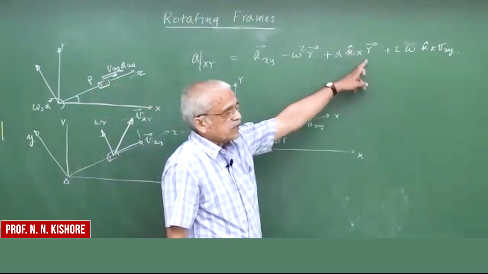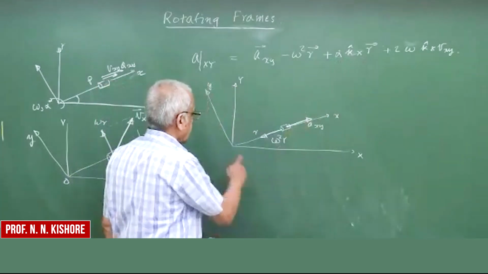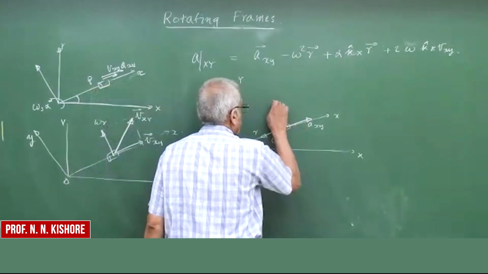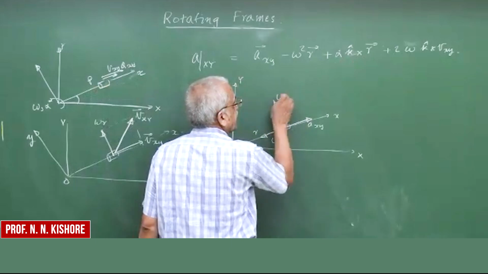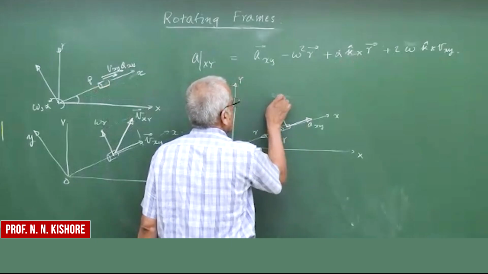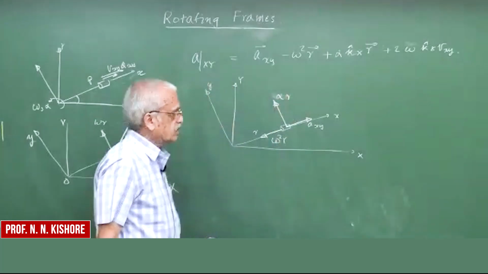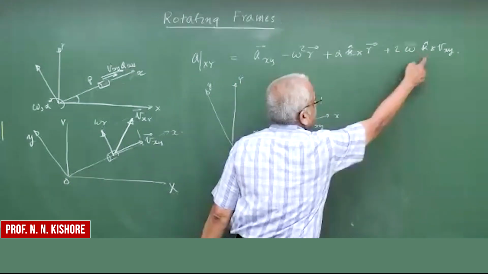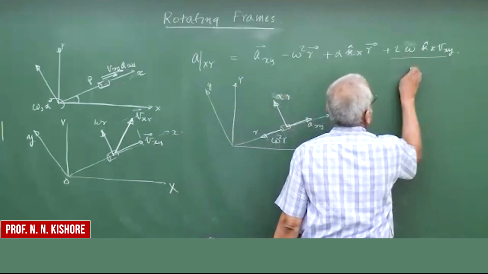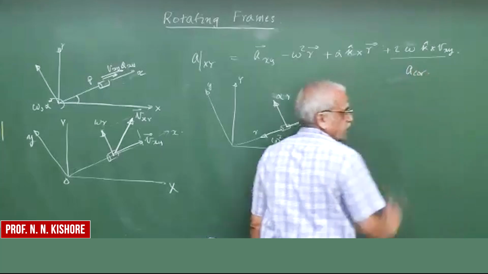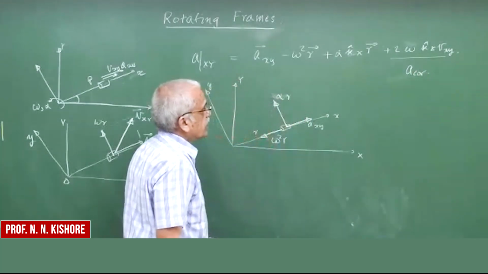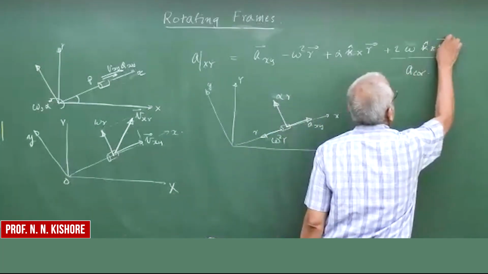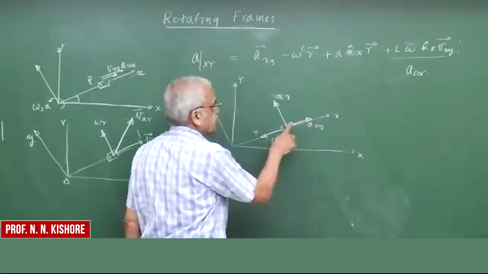And together with that, we have alpha k cross r. Just like we did omega cross r, this is nothing but that. Then we have this Coriolis component, which is 2 omega k cross vxy, and v is in this direction.